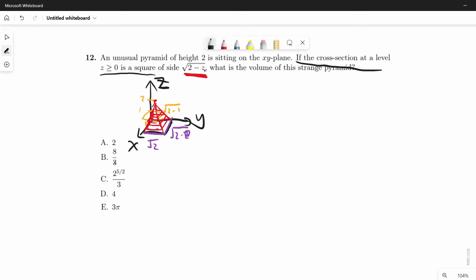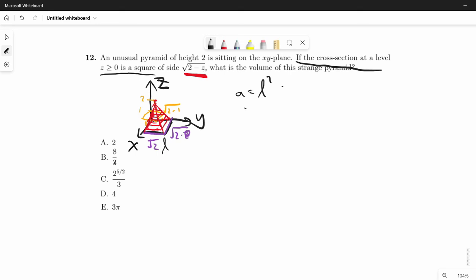And the concept here is the same as any other calculus volume, right? So you have an area that you know. The area of every level of square is just the side, let's say the side is L, so area equals L squared.